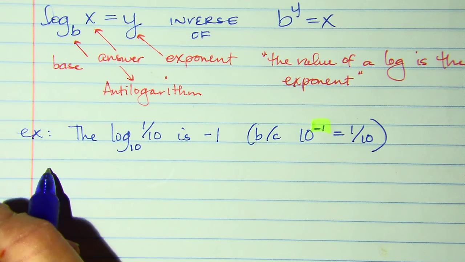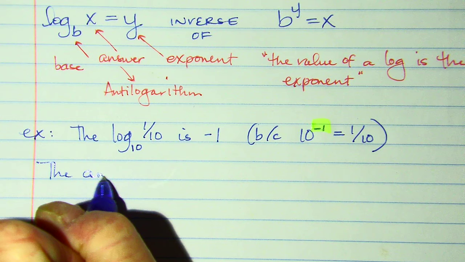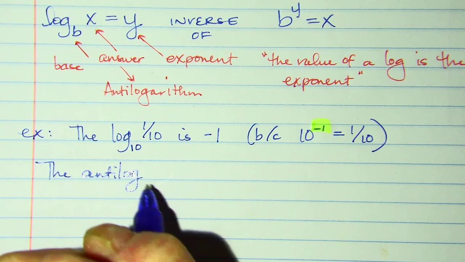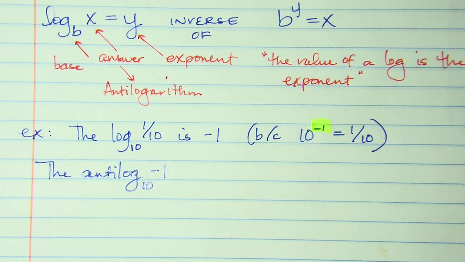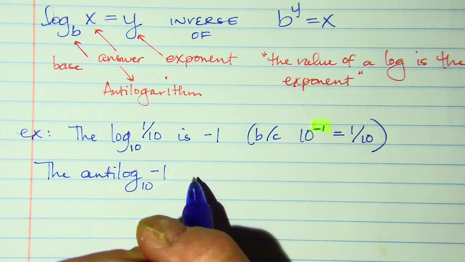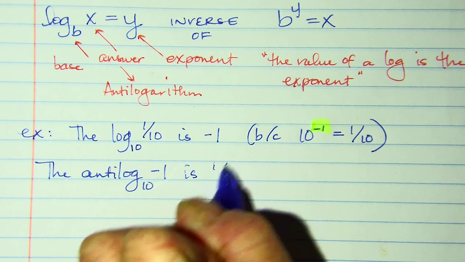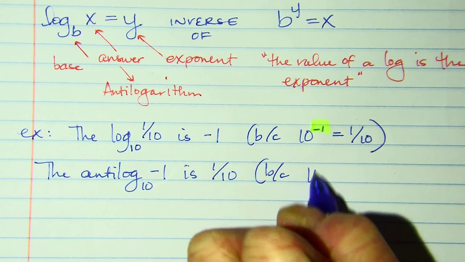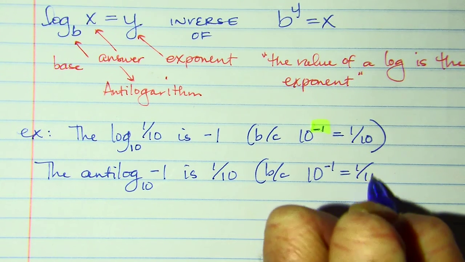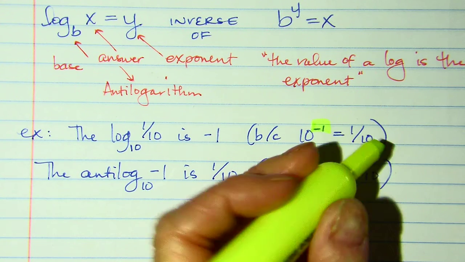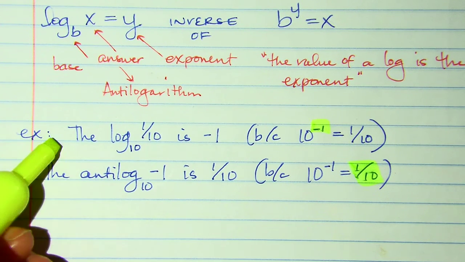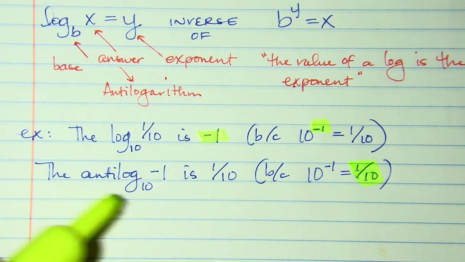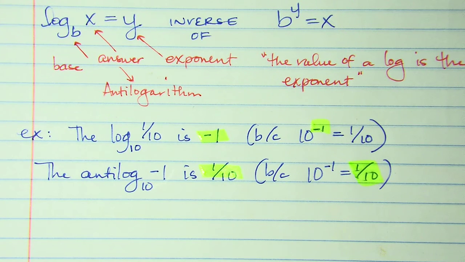So if I said the antilog base 10 of negative 1, notice I have my base and I have the exponent. The answer is 1/10 because 10 to the negative first equals 1/10. So notice our answer for a log is the exponent, but the answer to the antilog is the answer.